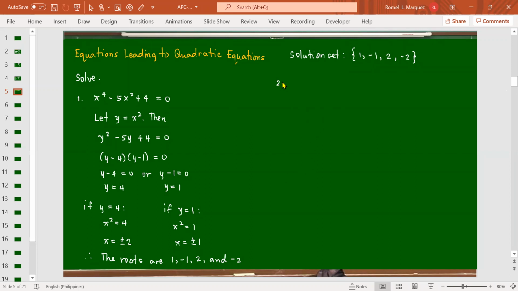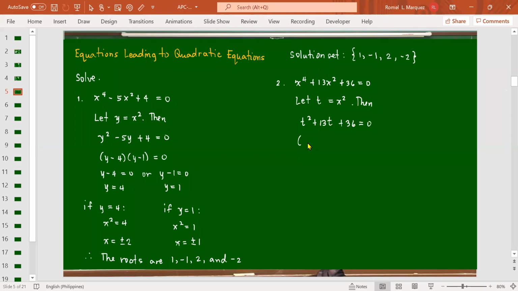Number 2. We have x to the fourth plus 13x squared plus 36 equal to 0. So again, let t be equal to x squared. Then we have t squared plus 13t plus 36 is equal to 0.